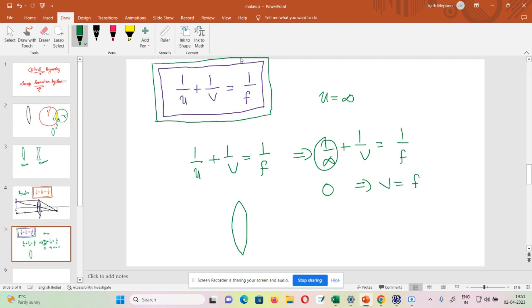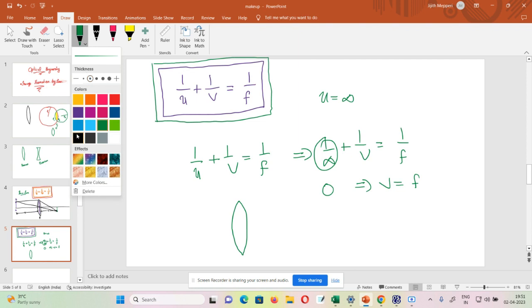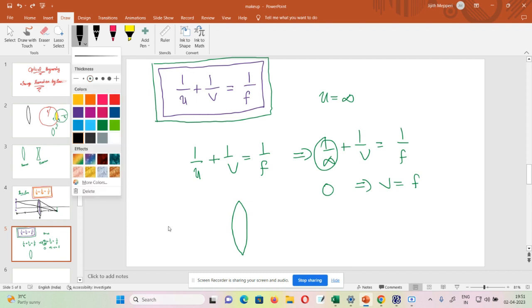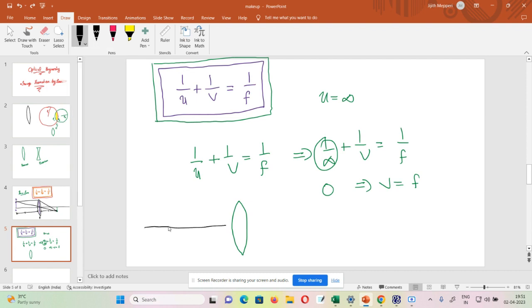All the rays coming from one point will appear as parallel beams. So in the case of an object at infinity, all the rays coming from one point will be parallel, and all the parallel rays are coming towards the lens.